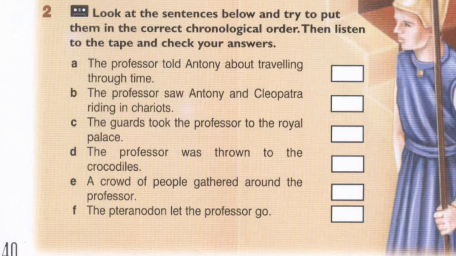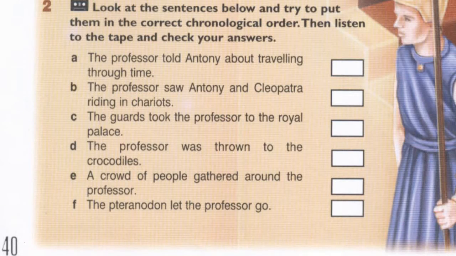The professor saw Antony and Cleopatra riding in chariots. A chariot is a vehicle that is drawn by a horse. It could be 4-wheel, could be 2-wheel. And the next one, C. The guards took the professor to the royal palace.